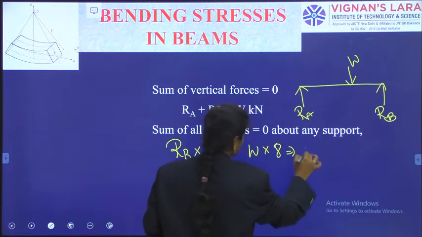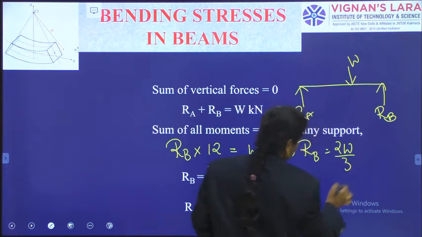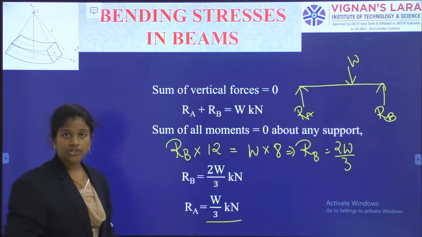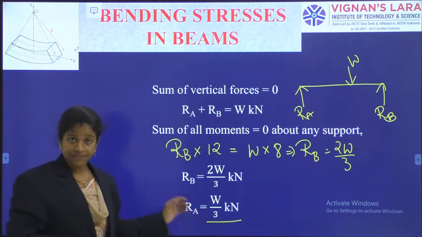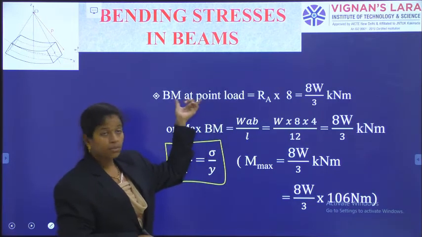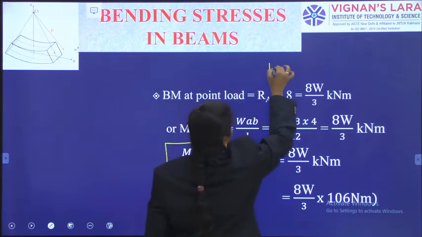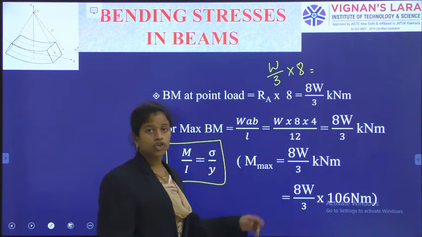In this way RB is equal to 2W by 3, and the corresponding RA is equal to W by 3. So we have calculated the support reactions of the simply supported beam individually. Then the bending moment at the point load is equal to RA into 8, that is W by 3 into 8. We have got 8W by 3 kilonewton meter.